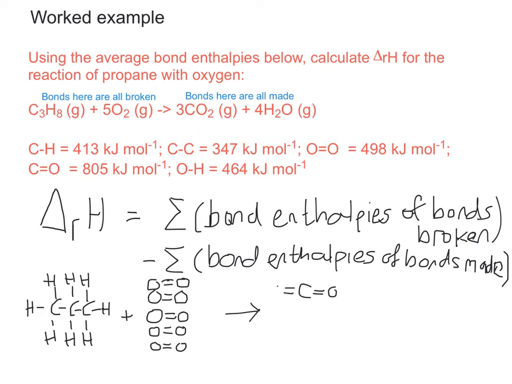Carbon dioxide is drawn like that. And you also make 4 waters. So if you remember, water is a nonlinear molecule, so I'm drawing at this slight angle, and I'm drawing 4 of them. And over here the same.